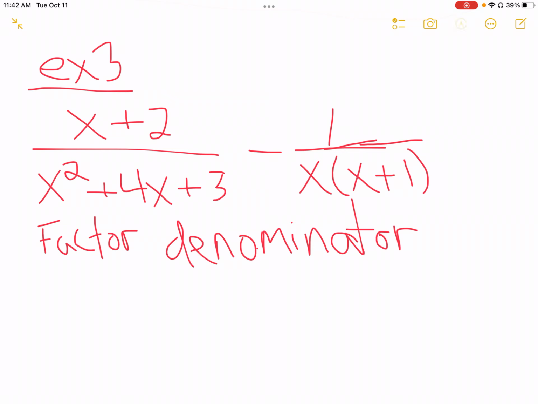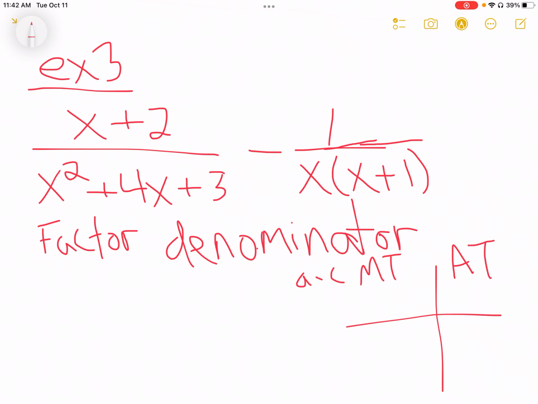We said, well, we can factor our trinomial, right? So we can set up this chart, and we say, what multiplies to a times c, and what adds to our b term here, right?